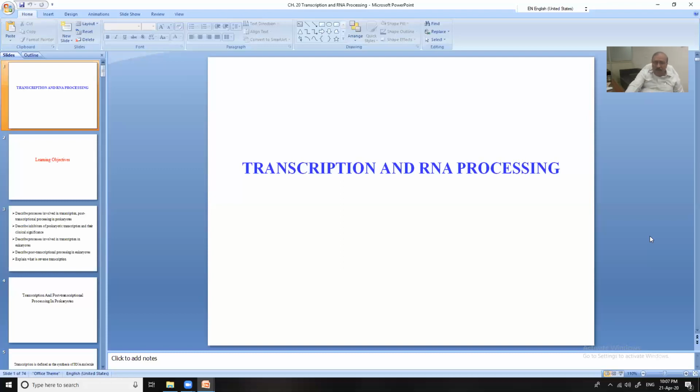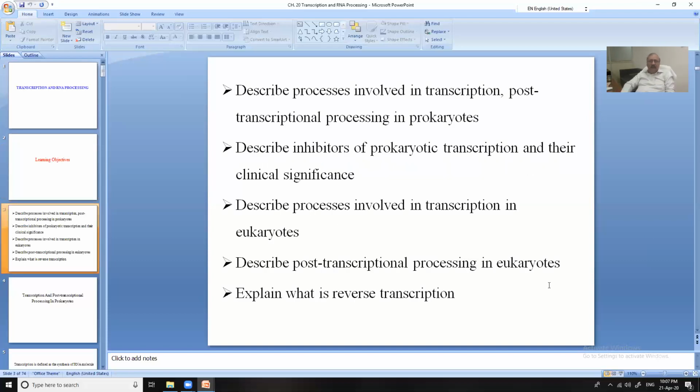So first of all, we will be studying the learning objectives. What we will be learning at the end of this lecture. They are: describe process involved in transcription, post-transcriptional processing in prokaryotes, describe inhibitors of prokaryotic transcription and their clinical significance, describe process involved in transcription in eukaryotes, describe post-transcriptional processing in eukaryotes, and explain what is reverse transcription.